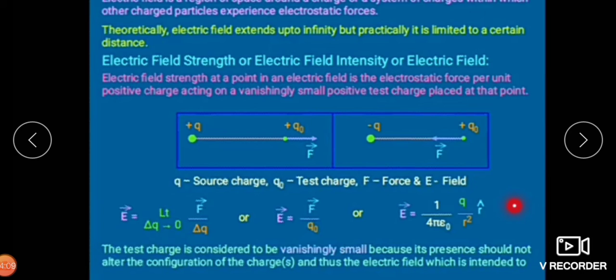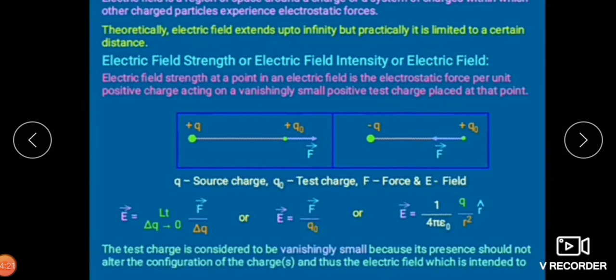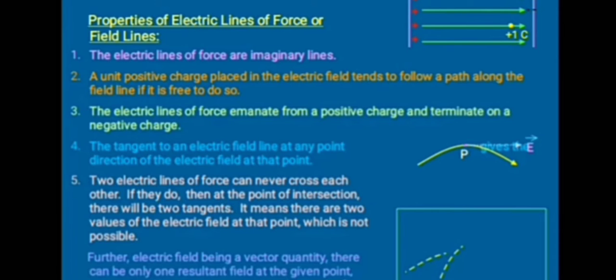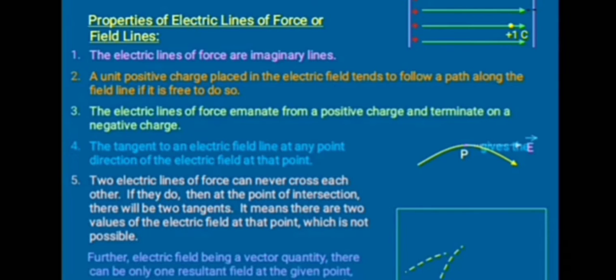Here R cap is the unit vector in the direction of the electric field intensity. Electric lines of force are the path along which a positive test charge moves when placed in the electric field. This we will discuss later.